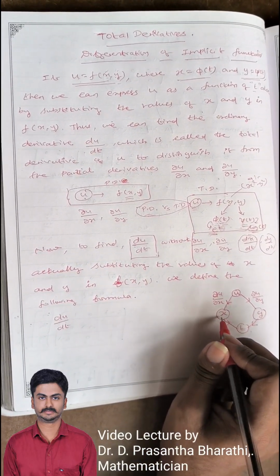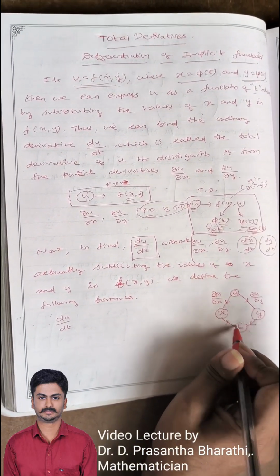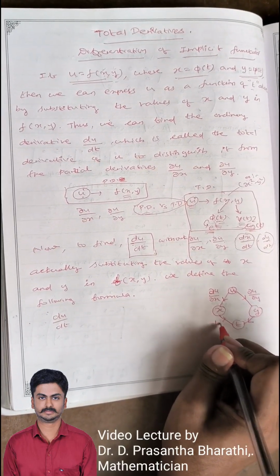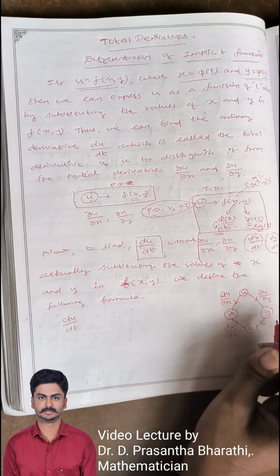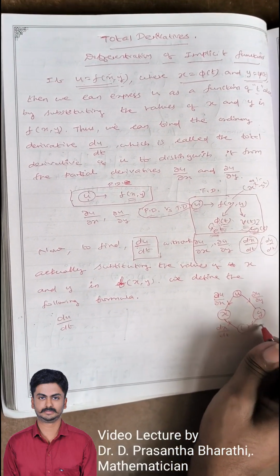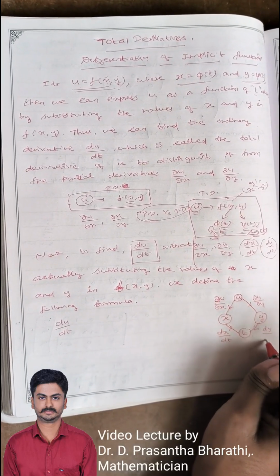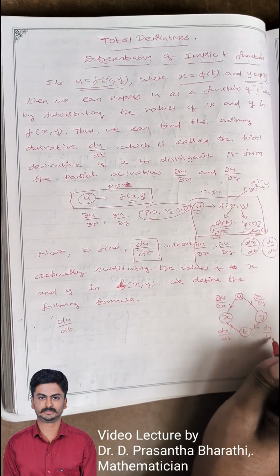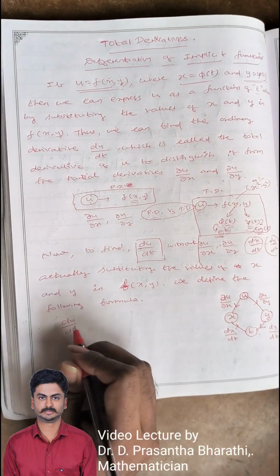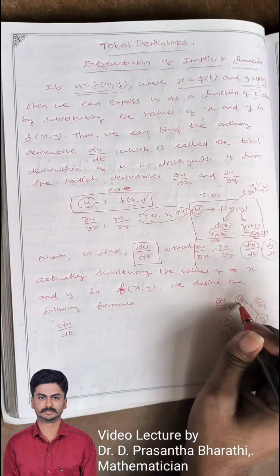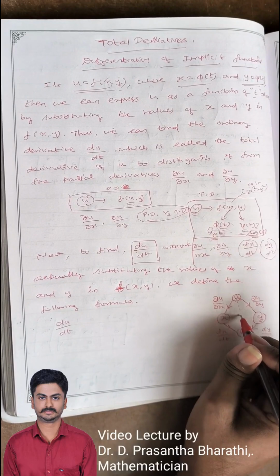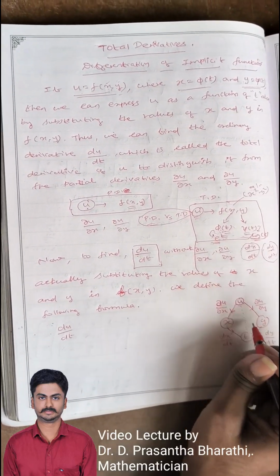In such a case, since x is a function of one variable, we can write dx by dt, and since y is a function of one variable, we can write the ordinary derivative dy by dt. So du by dt means how to reach from u to t.